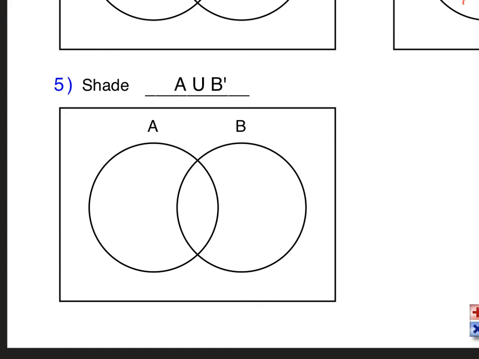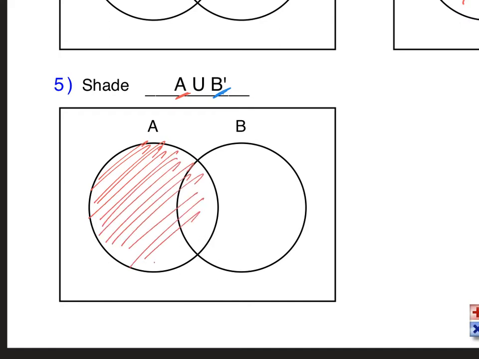We want set A or the complement of set B. So what's this going to look like? Well, set A would be this portion right here, everything that's within set A. The complement of set B, or not B. B is this set that I'm circling in blue.